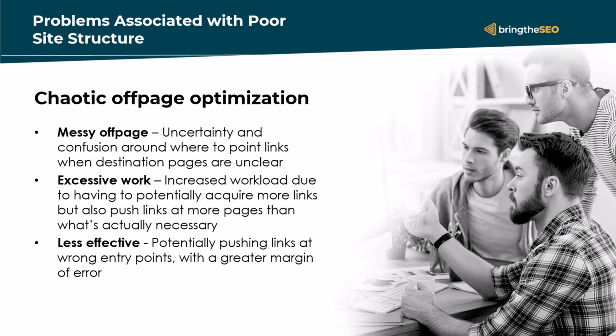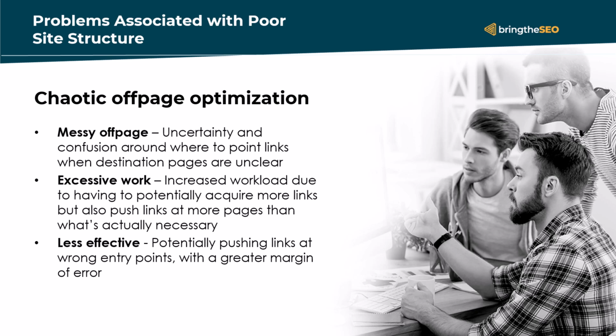And like I said, this leads into my next point here around chaotic off-page optimization. My first point here, messy off-pages, is uncertainty and confusion around where to point links when destination pages are unclear. I had someone in the group ask me recently, well, hang on a minute, John, we're driving links. Where do we need to drive these links to?